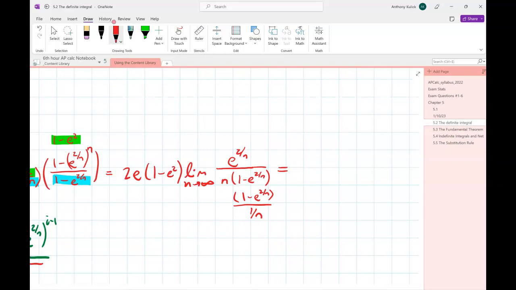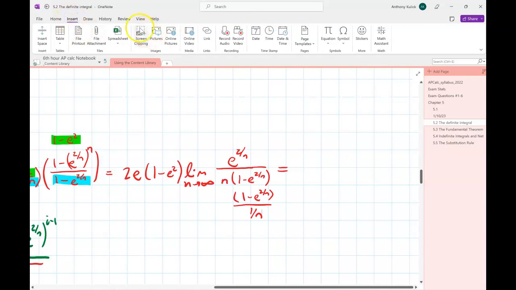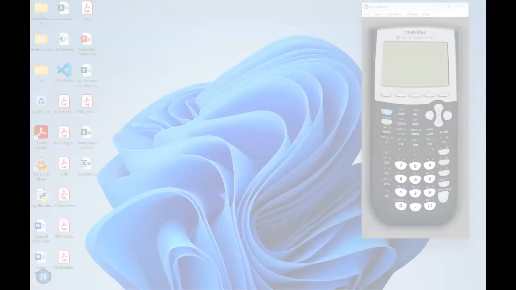Why do you have to write it as a fraction? L'Hopital needs a fraction, it has to be a fraction. So if we go back, I guess I don't have it handy. Let me grab that real quick so I can show you again.